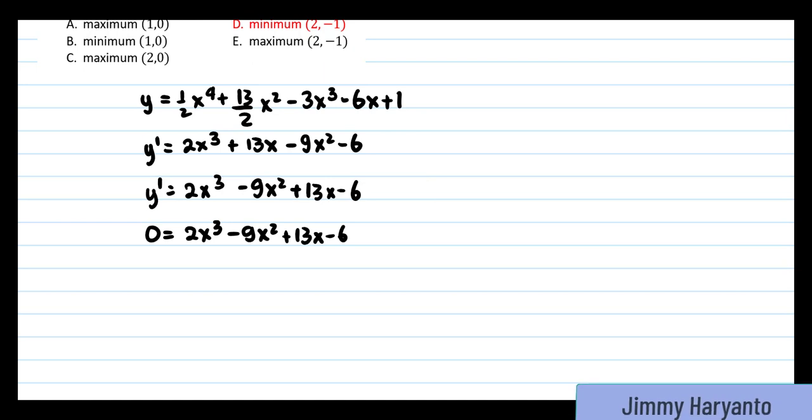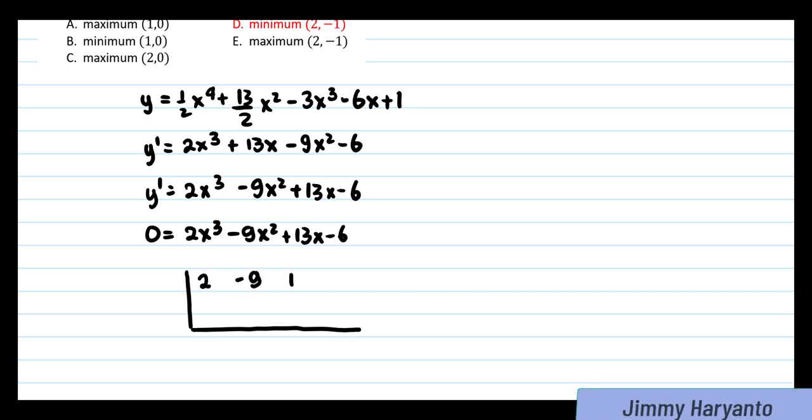That means you have to use Horner's method, because we have to factorize the cubic function. 13 and then negative 6. In the options we have 1 and 2, so we only have to choose one of them and see if it makes the function 0.